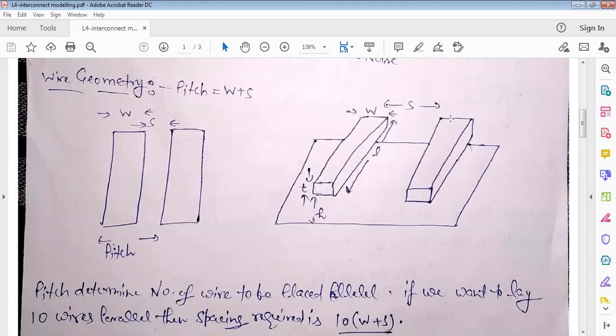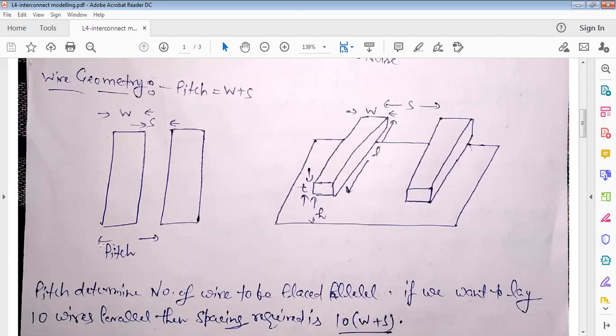Another wire placed parallel to the first wire is placed at a distance S from it. We define a parameter called pitch, which is the sum of the width of the wire and the distance of the second wire from the first wire. So pitch is defined as W plus S.